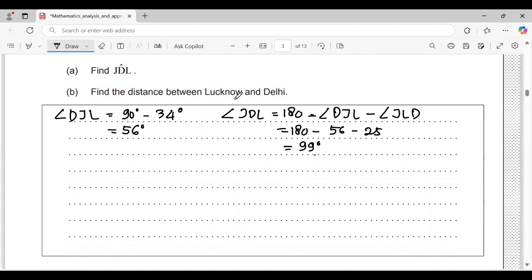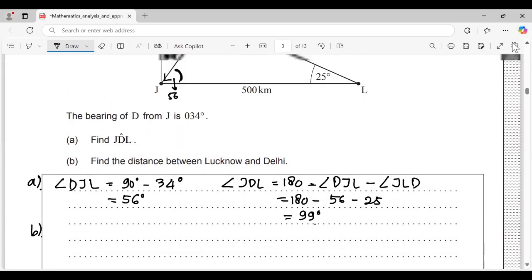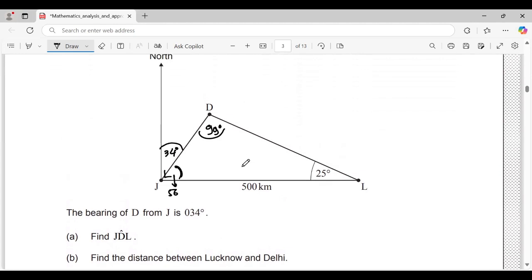Find the distance between Lucknow and Delhi. Part B. I'm going to use the sine rule. So DL over sine 56 equals 500 over sine 99.